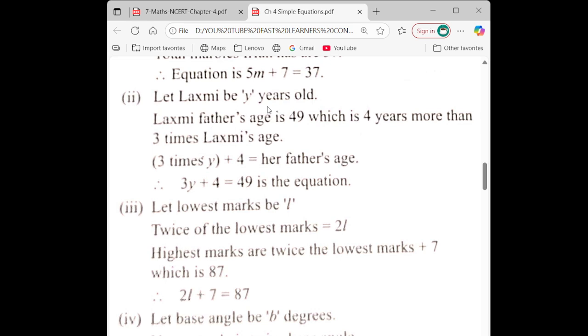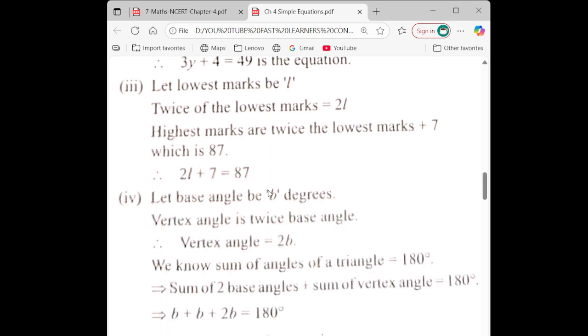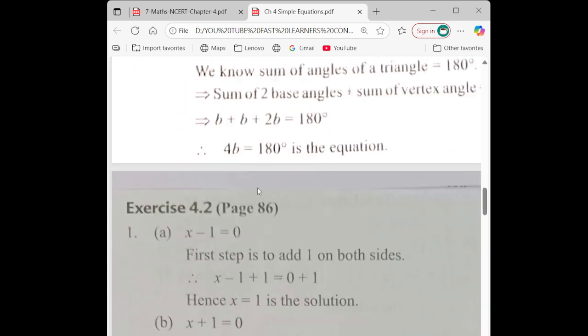Same way, 3y plus 4 equal to 49 here. Lakshmi's age is y years. Her father's age is 49 and it is 4 years more than 3 times her age. So 3y plus 4 equal to 49. So this is how you write it.